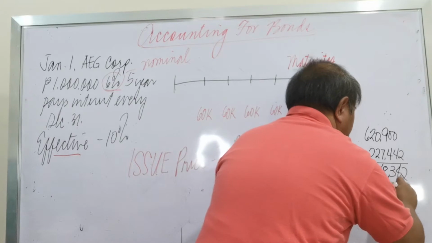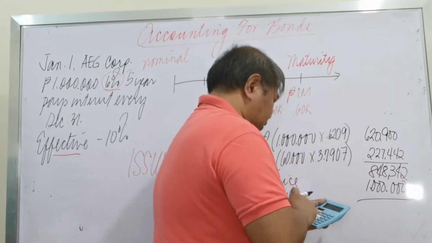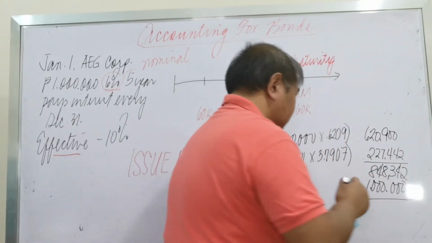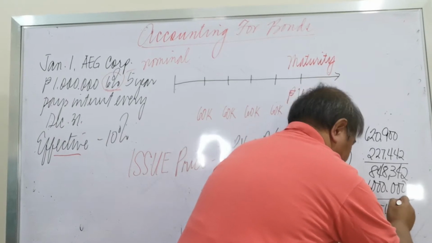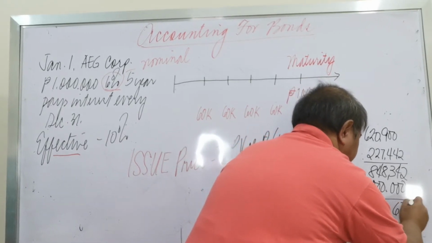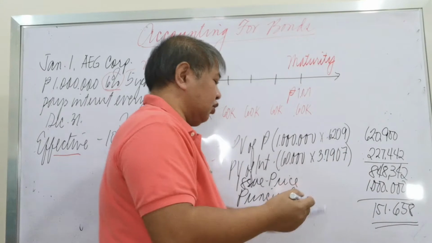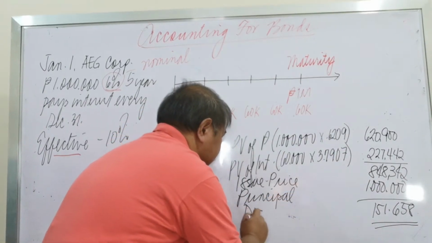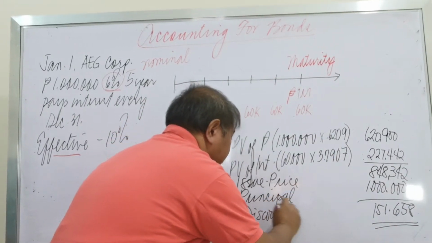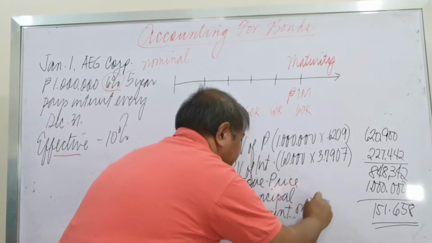And the difference is how much? So minus 1 million, 151,658. Okay, so this is what we call, as what we have discussed in notes payable, discount on bonds payable.